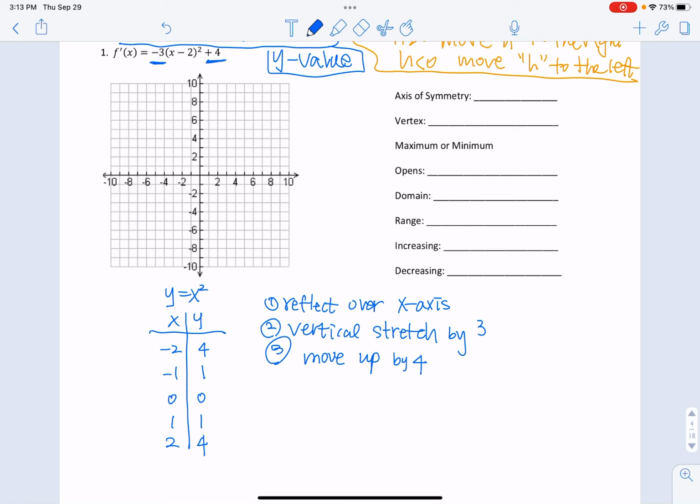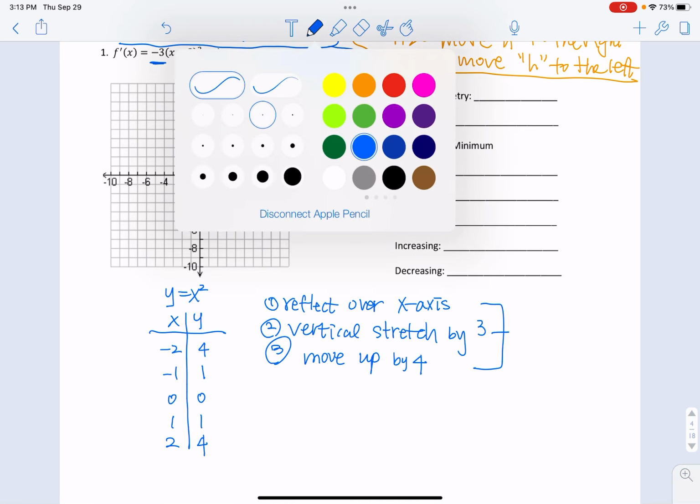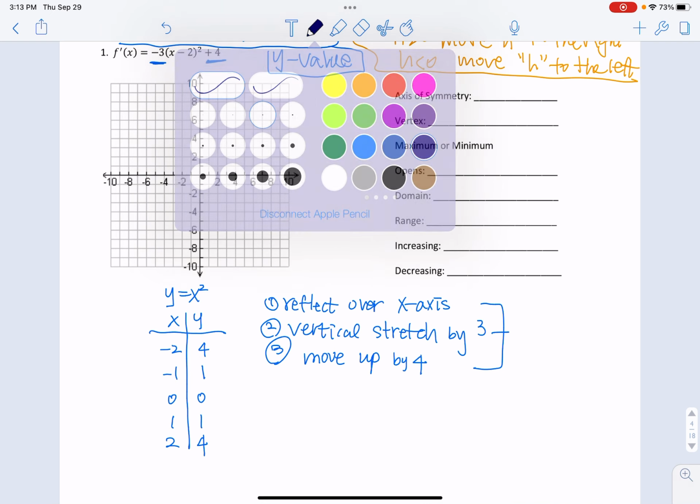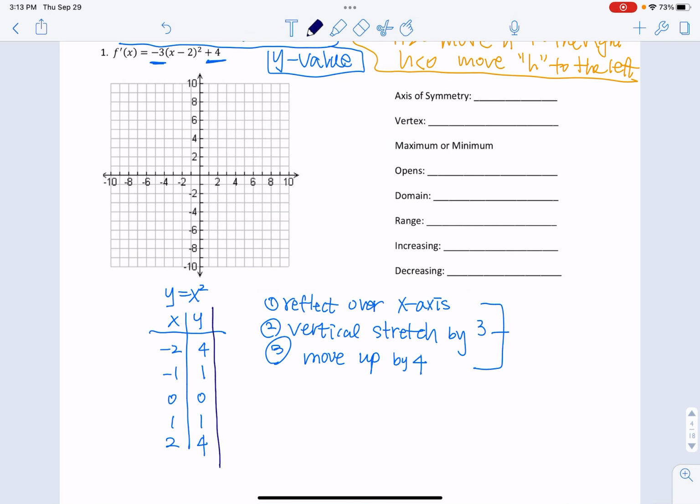Those represent changes in the y value. So we have to find the new y value: you have to multiply the y value by negative 3, and you have to add 4 since it moved up. That's the new y value.